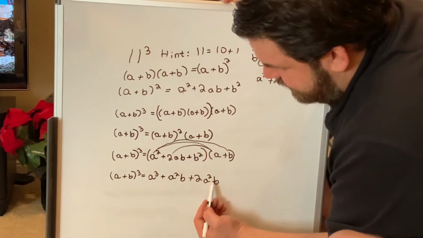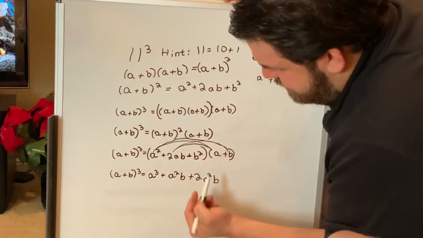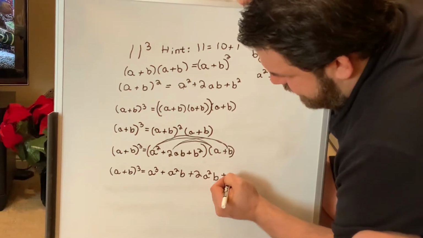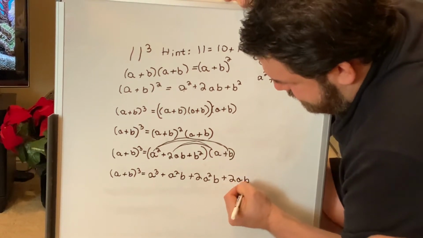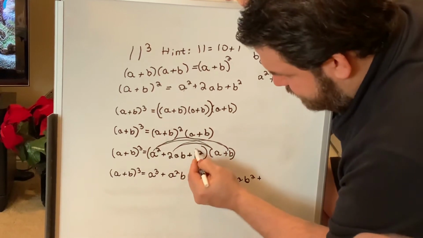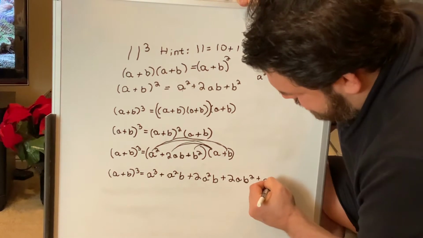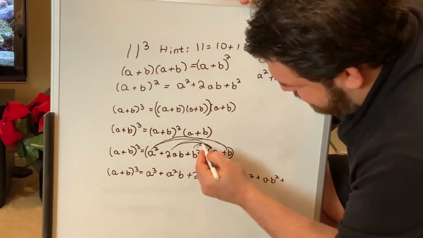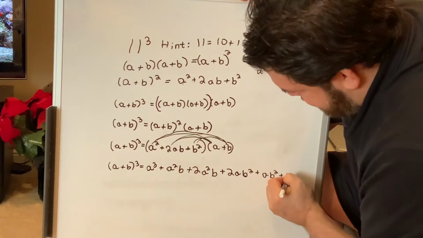And then I'm going to multiply 2AB times B. This time the 2 and the A won't change, but the B's multiply, so I got plus 2AB squared. And finally, B squared times A, which is just AB squared, plus B squared times B, which is B cubed.